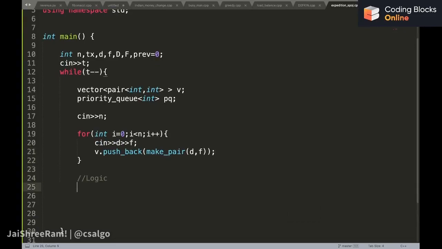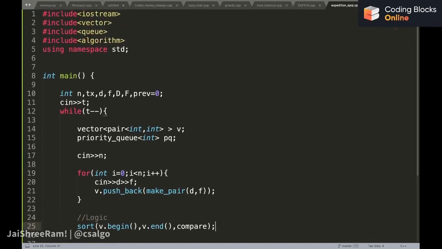Firstly what we need to do is sort the cities according to their location. We'll use the sort function, v dot begin and v dot end, and we need to make a custom compare function as well.